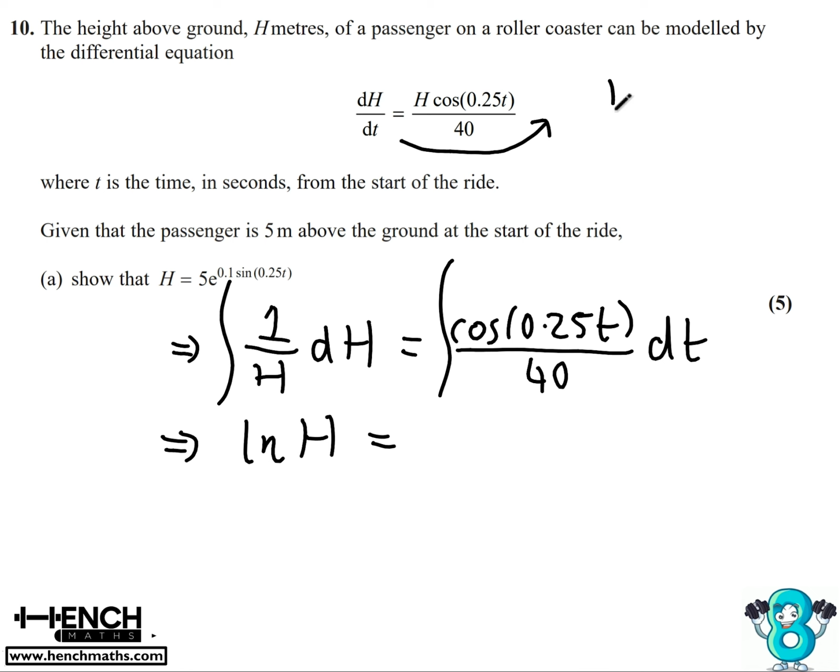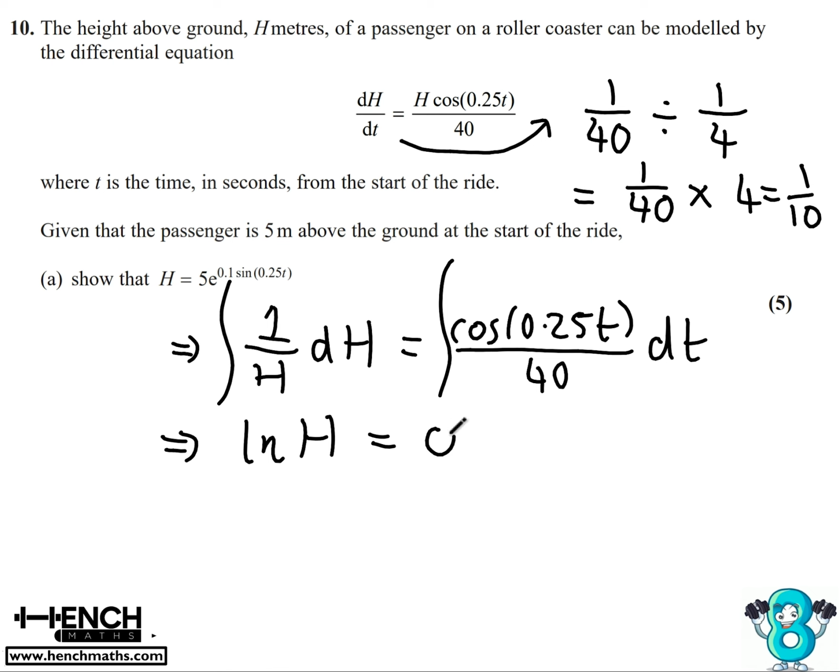So effectively, we're going to have 1 over 40, and we're going to divide that by 0.25, which is dividing it by a quarter. So that's 1 over 40 multiplied by 4 over 1. So 4 over 40 is 1 over 10. So I'm going to put 0.1 sine 0.25t. And remember our constant of integration.